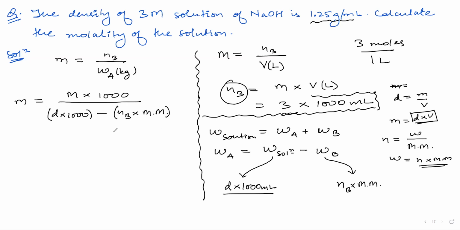Now here please remember that density should be in grams per ml. Now please calculate this and tell me what is the answer. You have the molarity, that is 3. Then you have density into volume, you will calculate that. Then you have number of moles, that is 3 moles in 1 liter, into the molar mass of NaOH. NaOH is 40 grams per mole.